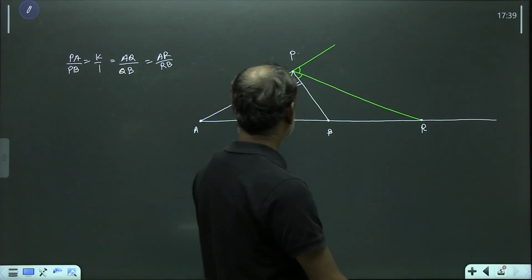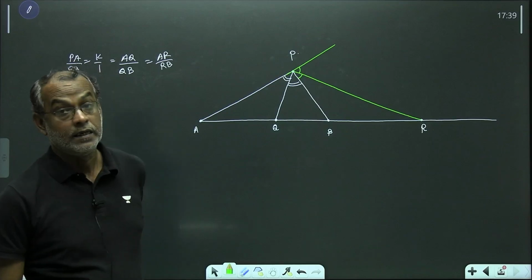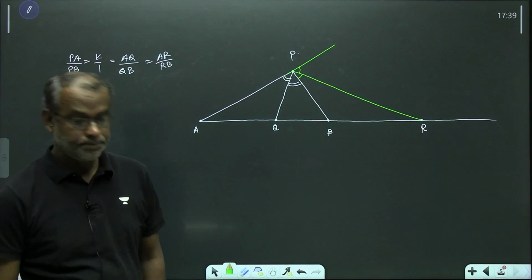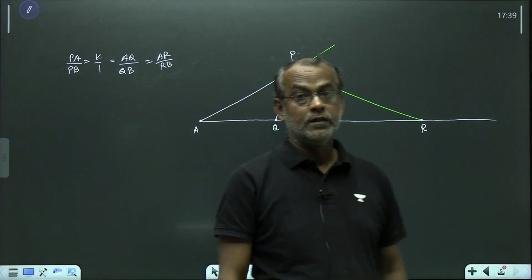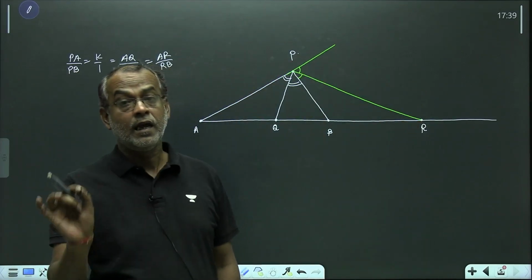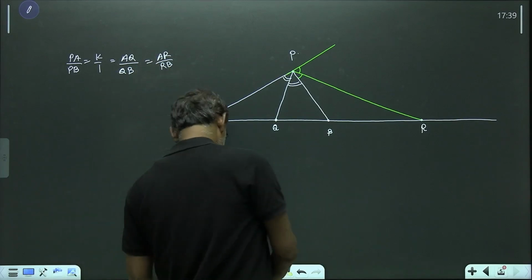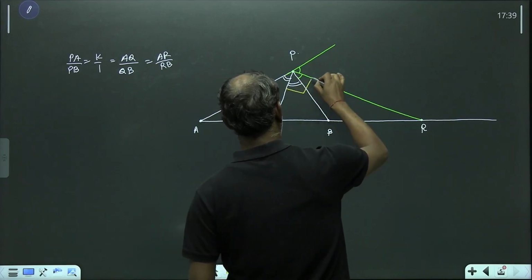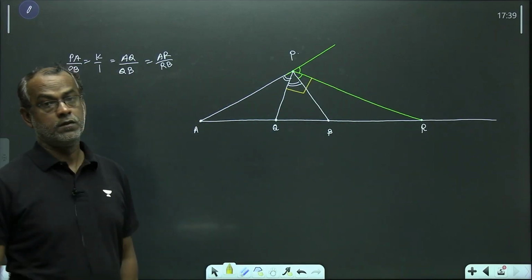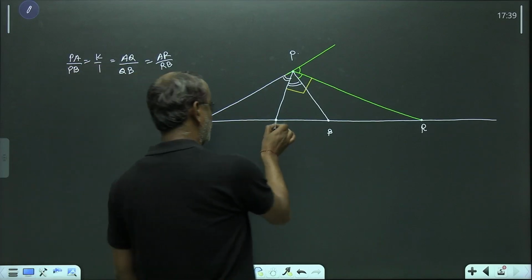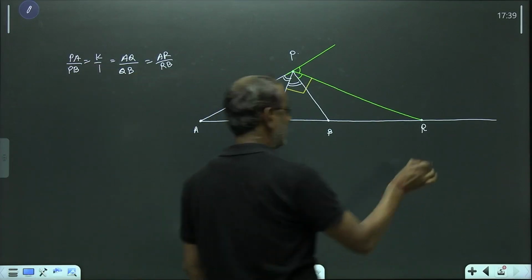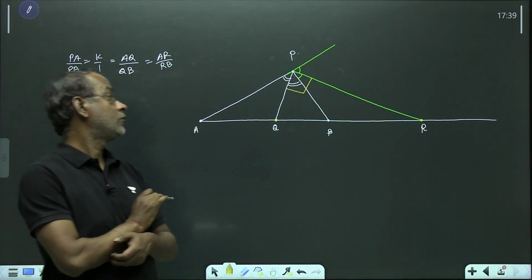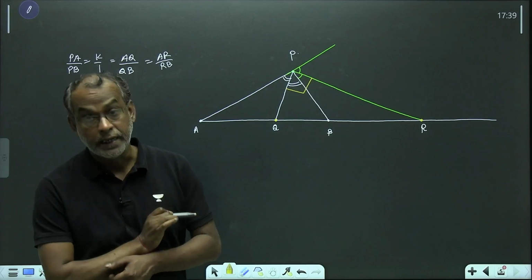We know that the internal and external angle bisectors are mutually perpendicular. See, Q is a fixed point on AB, R is a fixed point on AB, and what we are getting is that angle QPR is always going to be 90 degrees.